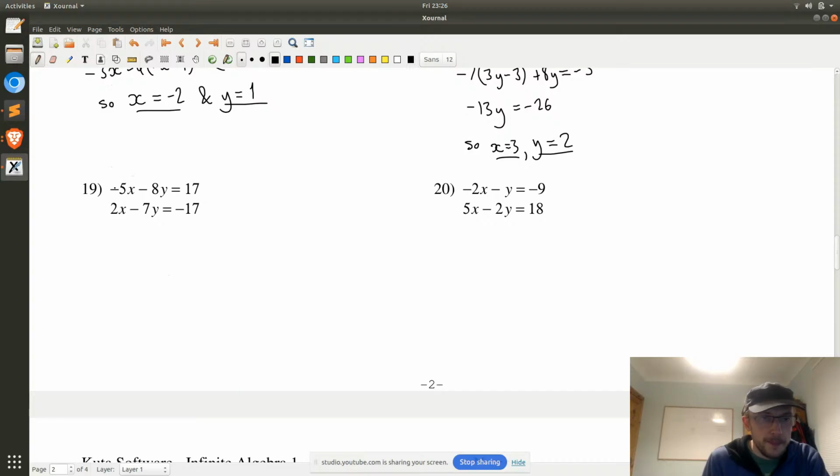And here we go. What now? Well, now it's not substitution, is it? Not really. It's elimination. Just have to deal with it. So, top and bottom, top by 2, bottom by 5.